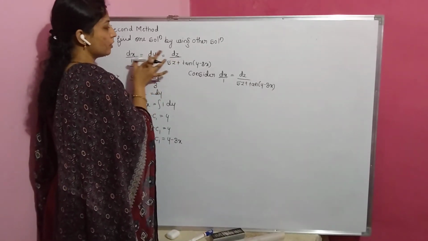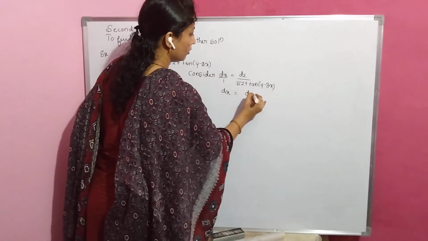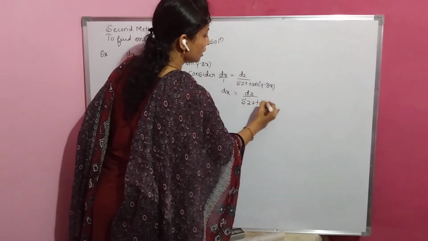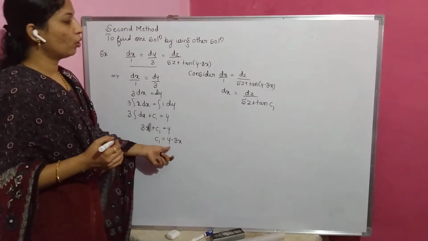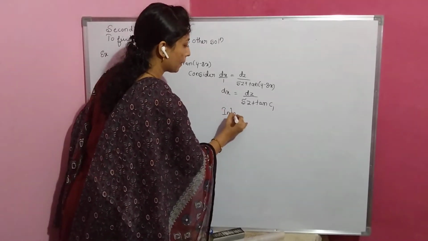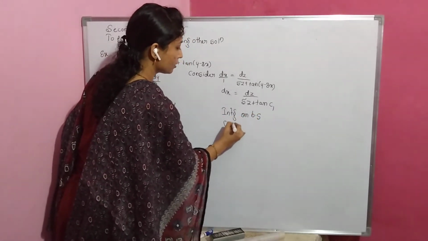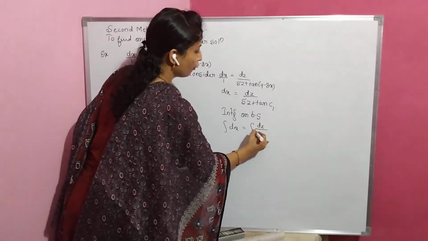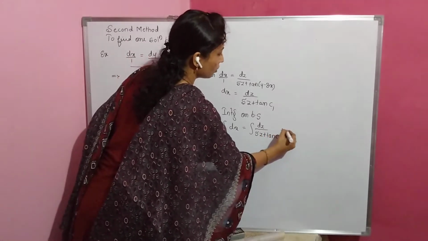Here I can consider the first and third. So we write dx is equal to dz divided by (5z plus tan(y minus 3x)). Already we have c1 is equal to y minus 3x. Integrating on both sides, we have integration with respect to x is equal to integration of dz divided by (5z plus tan c1), plus integral constant c2.